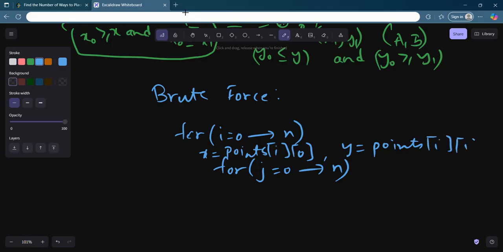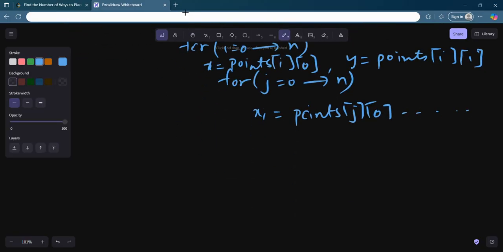In the same way, you get x1 as points of j0, and y1 as points of j1. Once you get these points, you check the criteria whether it is to the top left or not. I hope you can easily check that.